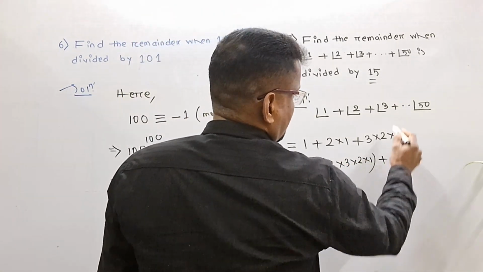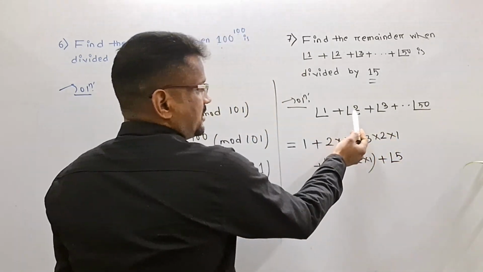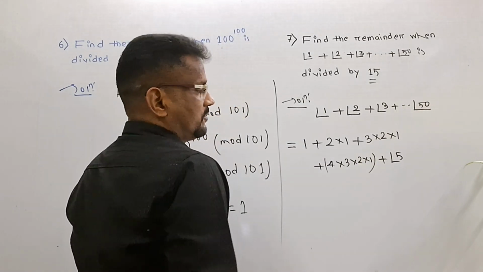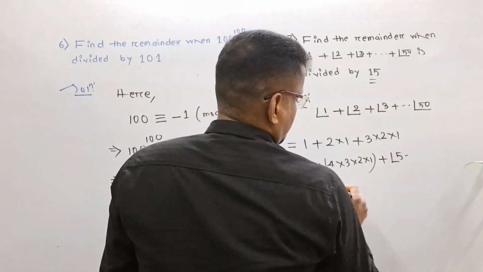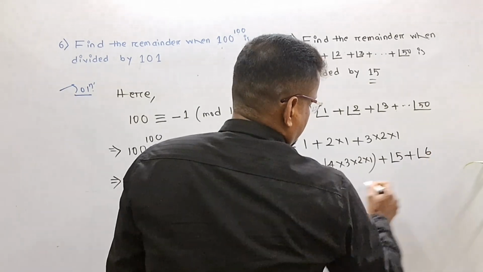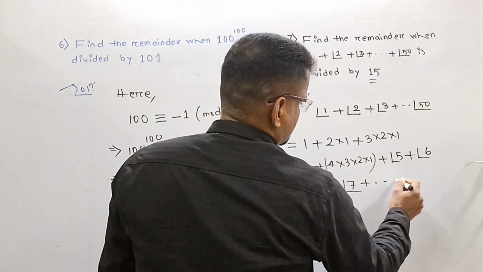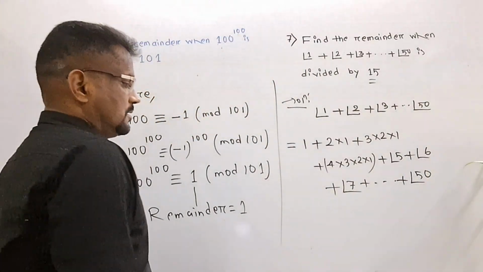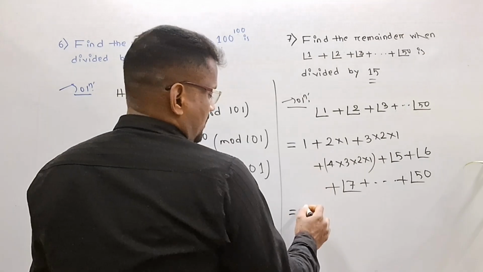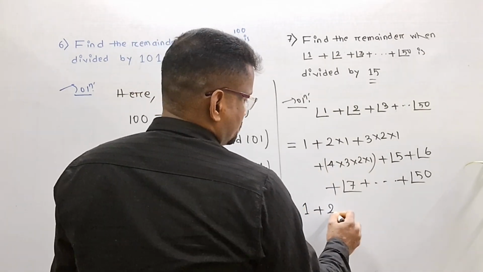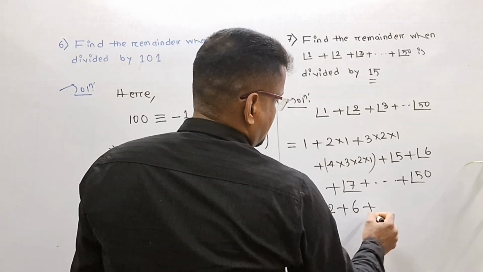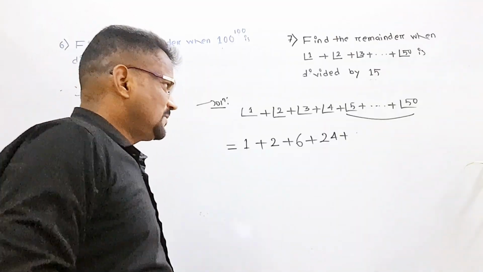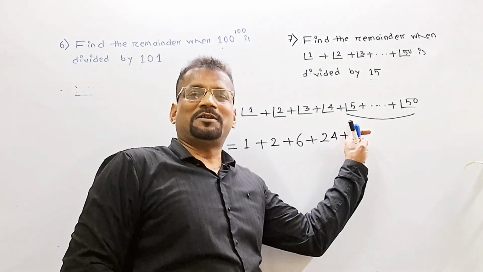After that, factorial 5, and continuously numbers come up to factorial 50, including factorial 6 plus factorial 7 and so on. Let me write here: factorial 1 is 1, 2 into 1 is 2, 3 twos are 6, plus, multiplying, the product is 24. Now you have to be careful from factorial 5.